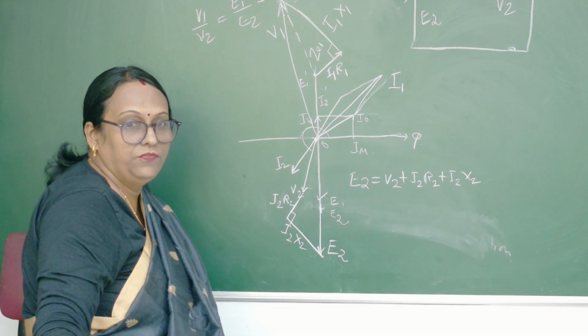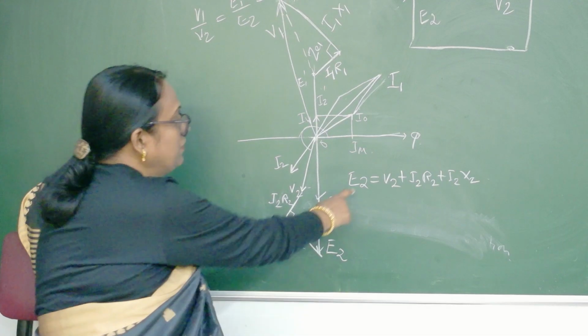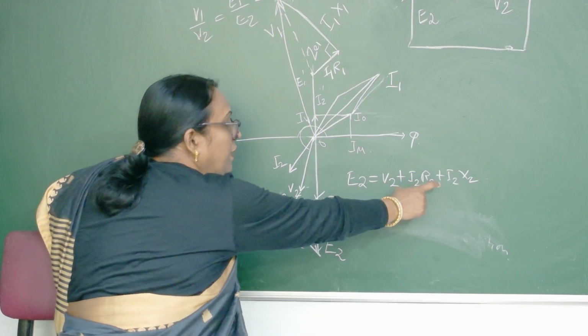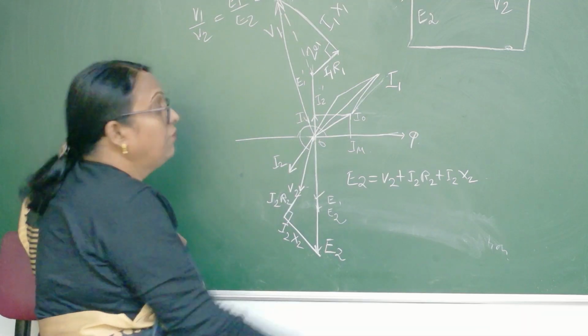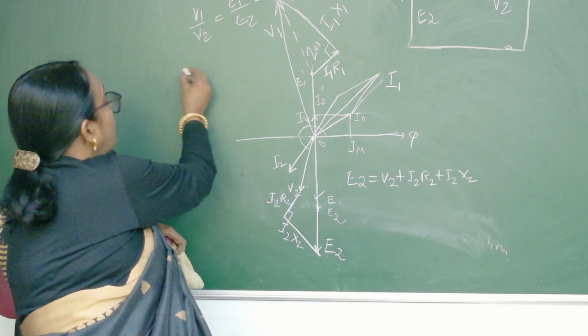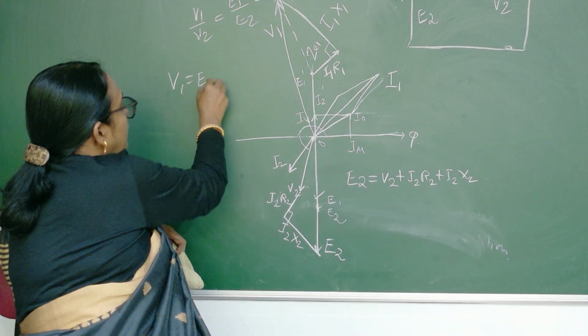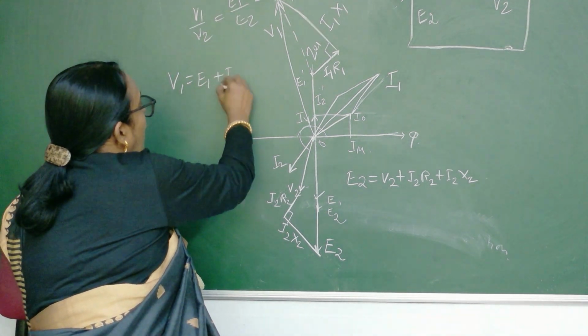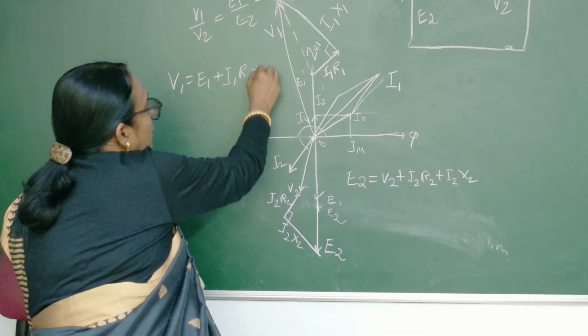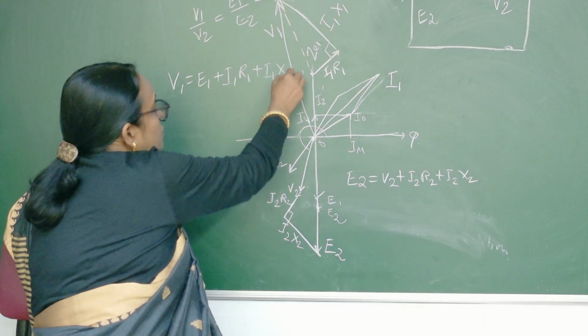E2 is the phasor sum of V2 plus I2 R2 plus I2 X2, whereas in the primary side, V1 is equal to E1 plus I1 R1 plus I1 X1.